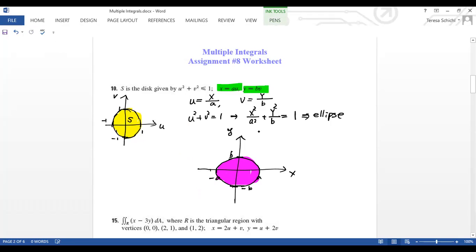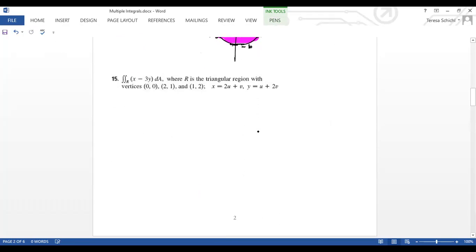Okay, now let's take a look at how to do the next one here. Let's see how we simplify that and how we carry out the integration.